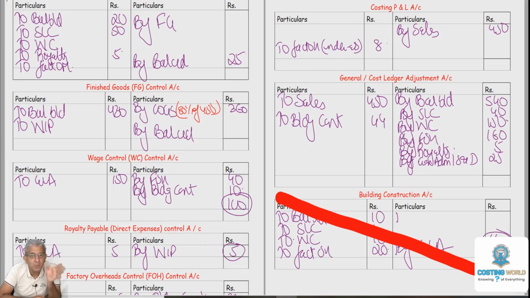In wage control, direct wages should come, no? Out of 150 rupees, 40 is for this, 10 is for this. The remaining wages we must have incurred to produce the goods. So tell me, this 100 direct wages will be going where? WIP. We have written over here to WIP.